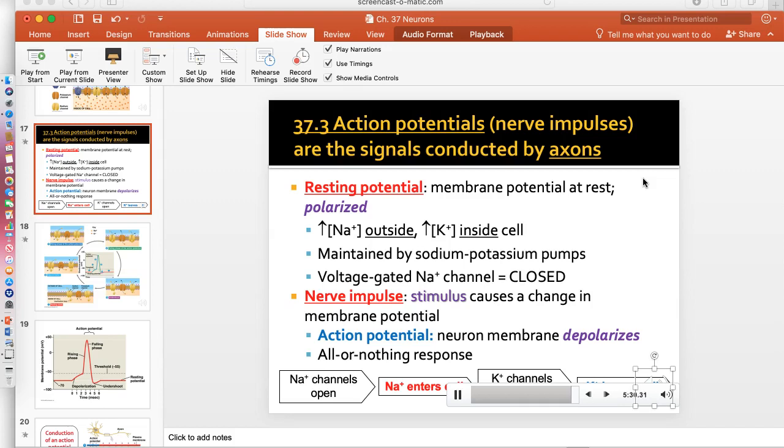Because potassium is a positive ion on its way out, there's going to be a change in that voltage. The inside of the cell does become more negative. That also has a name. It's called hyperpolarization.